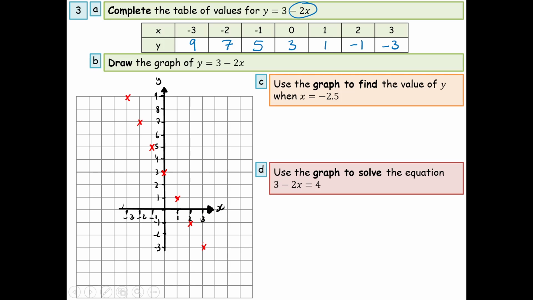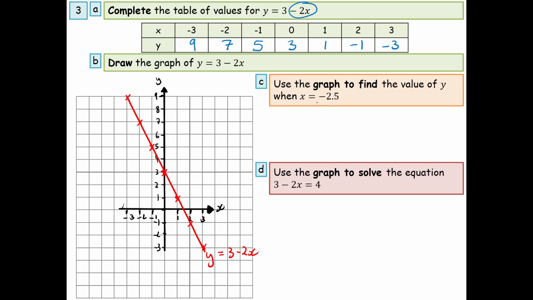And join them up with a straight line. Okay, so we're just slightly off there with the straight line, so we're just going to fix that. That's better, and that's y equals 3 minus 2x.